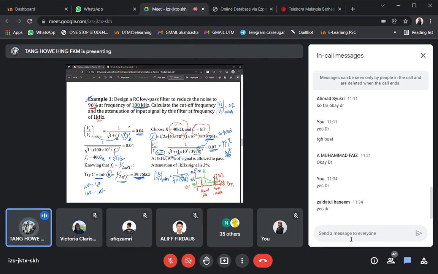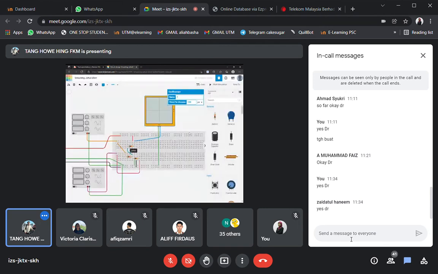And therefore, we get the resistor, and this resistor is 40 kilo ohm. Okay. So I rotate it, and then I'll just plug it over here. There's the resistor, and then I also have the capacitor.